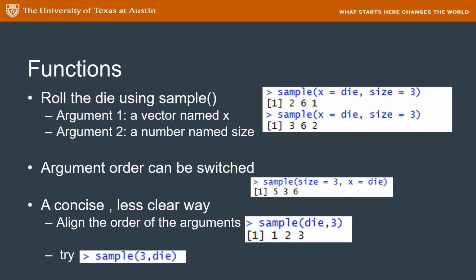If you ignore x equals and size equals, the system knows that the first argument is the value for x, and the second one is the value for size. But you have to remember that the order of the arguments must align. If you try, say, sample 3 and die, that will give a wrong answer.